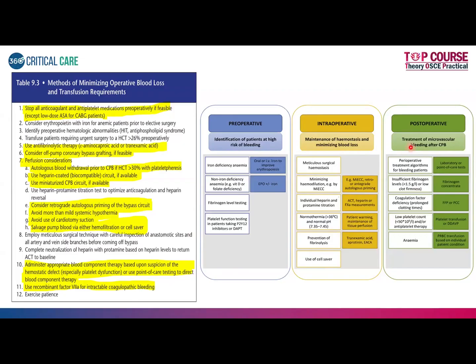Post-operatively, point of care tests are needed. If the patient needs any kind of blood products, then one has to be proactive in giving these blood products. Appropriate blood product has to be given, and one can use point of care testing. Even TEGs are available, ACT is available in the OTs, in all cardiac OTs.